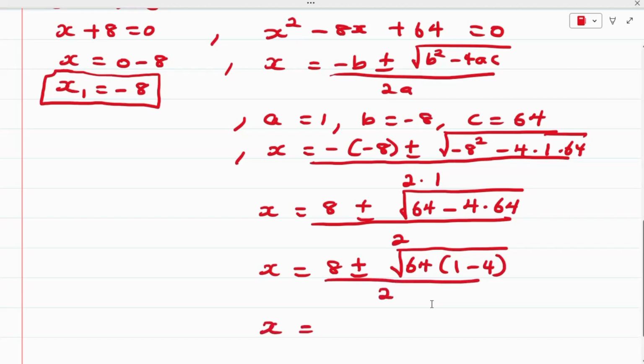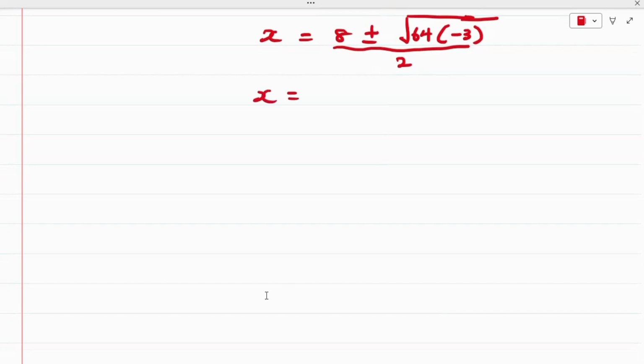So x is equal to 8 plus minus the square root of 64 multiply 1 minus 4 is minus 3 divide what? 2. So from here we have that x is equal to 8 plus minus the square root of, now we can express this as 64 multiply 3 multiply negative 1 divide 2.